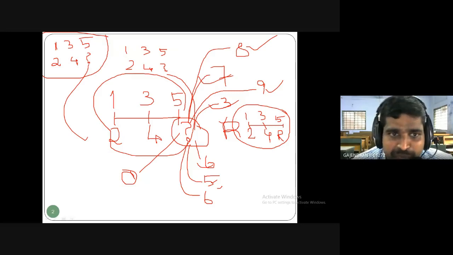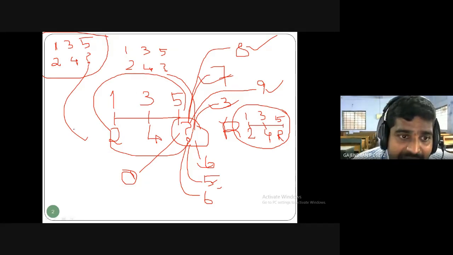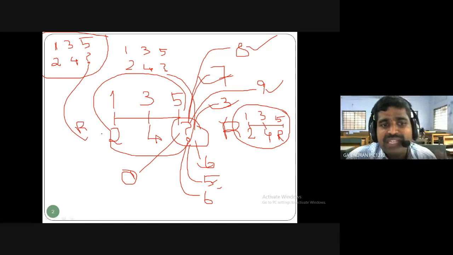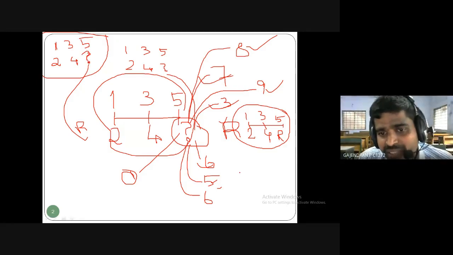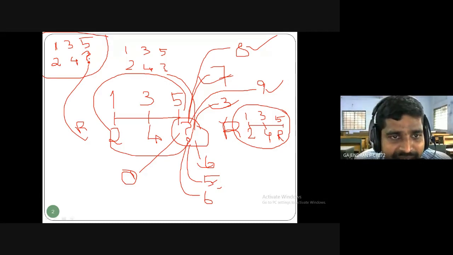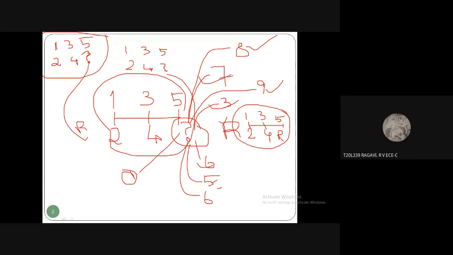Most of the time that may be the answer, but sometimes it may fall in alphabets also. So this kind of thinking you need to enhance. This is called aptitude learning. In between we will give 1 or 2 aptitude questions like this to refresh your mind. So what is the answer here? Reverse gear, capital letter R.